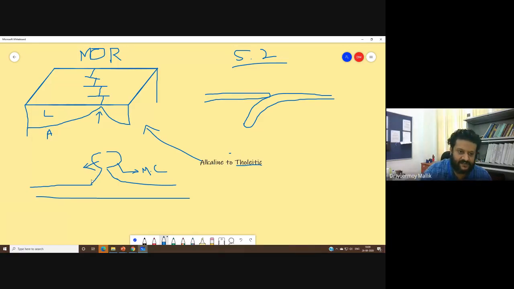So there is some sort of fractional crystallization. Some part of the MgO-rich content comes out of the magma, and whatever is left comes out to the surface, and that type of magma is called tholeiitic magma. It's not exactly acidic; it's still alkaline, but some part of it has been fractionated in an intermediate magma chamber.